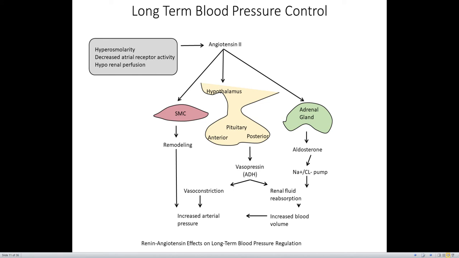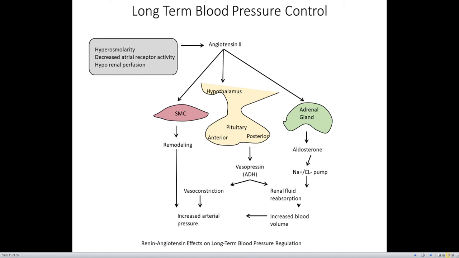So in this situation, what we're seeing is the renin-angiotensin system increasing blood pressure by causing smooth muscle cell remodeling, making them less compliant and less responsive to endogenous smooth muscle cell relaxers like epinephrine, causing vasopressin release that causes vasoconstriction and increase in renal fluid absorption, and increases aldosterone secretion from the adrenal gland that also is going to result in an increase in blood volume.